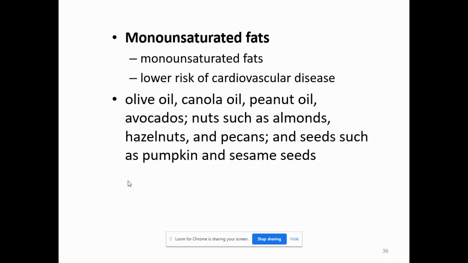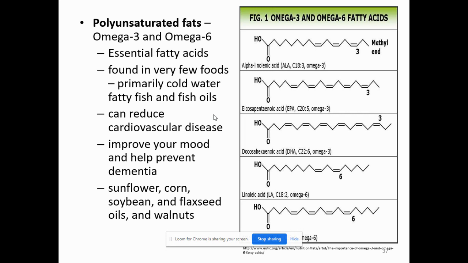Now, the good fats, monounsaturated fats, help lower the risk of cardiovascular disease. That's what you can find in a lot of these things that are recommended to eat, maybe not in high doses, but regularly in your diet for their benefits.